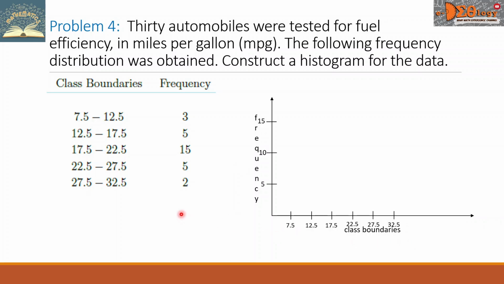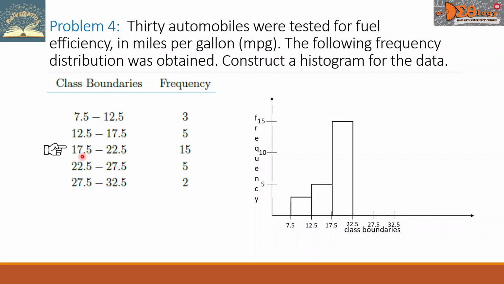Then we draw the corresponding values. Here are the class boundaries. Here are the frequencies. Let's begin with the first class. From 7.5 to 12.5, it's here. And the frequency is 3. So we put the height as 3. Then the second group, 12.5 to 17.5 with a frequency of 5. So here it is.